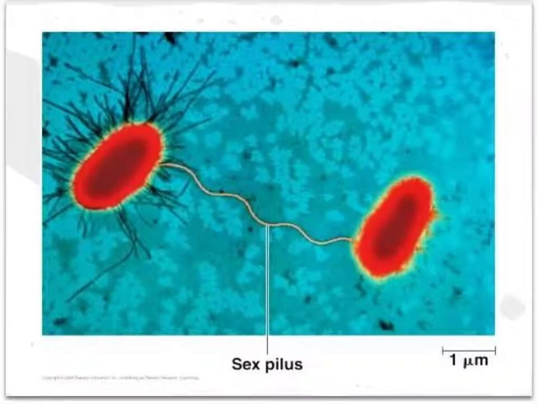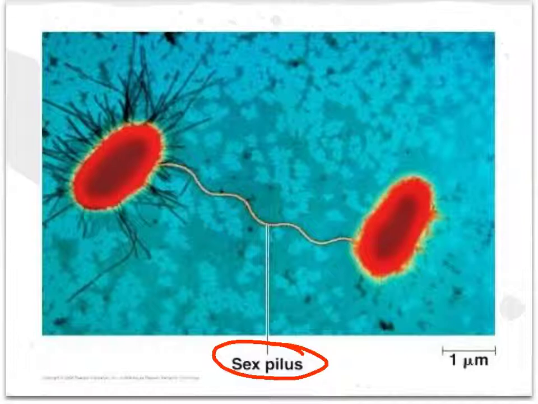Here we can see an actual microscopic image of two bacterial cells and the sex pilus. And through this sex pilus, of course, one bacterial cell is going to be sending genetic information, whether it's through a plasmid or, as we'll see next, through the F factor that had been incorporated into its own genome.